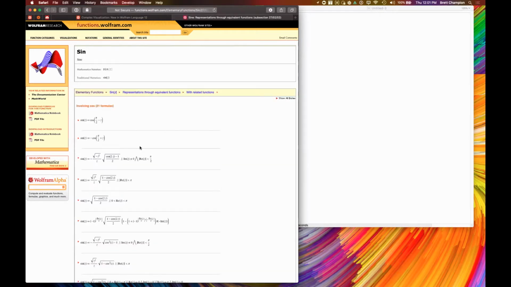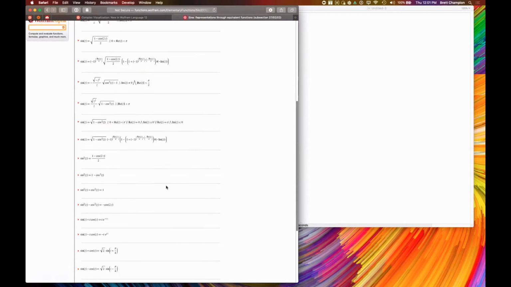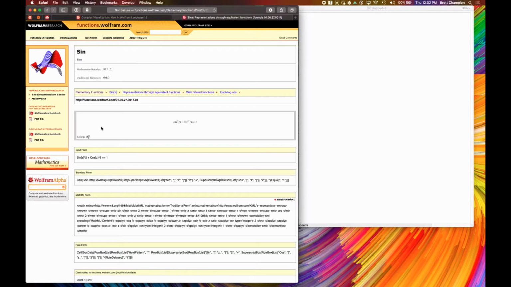Then you get all kinds of interesting trig identities, including halfway down the page, the one that everybody knows best, that sine squared plus cosine squared is equal to 1. And so a lot of effort's going into being able to work with mathematical functions in their full generality.